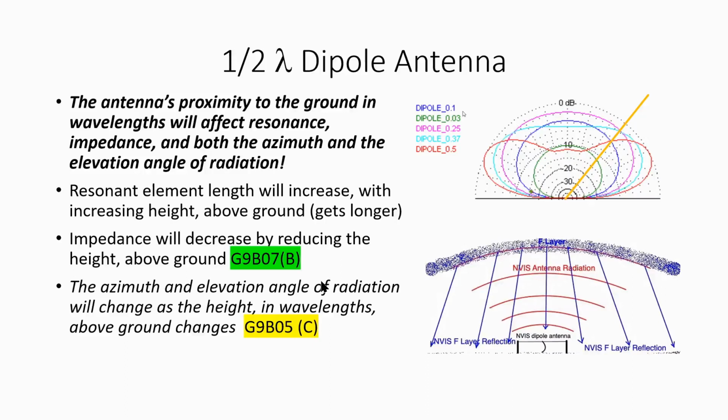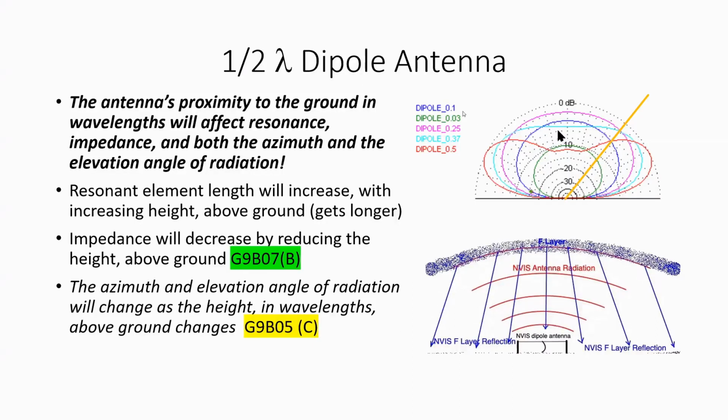If the antenna is less than half a wavelength high, the azimuth pattern is almost omnidirectional. Took me a long time just to decipher that question. What they're telling you is that near vertical incident sky wave is an antenna that's at a low elevation. In this example, the purple line is a dipole that's a quarter of a wavelength from the ground.